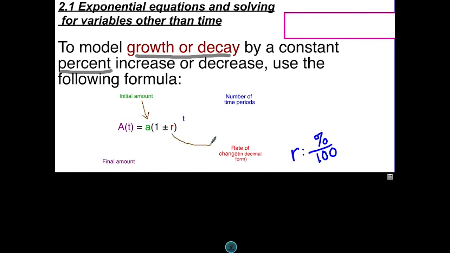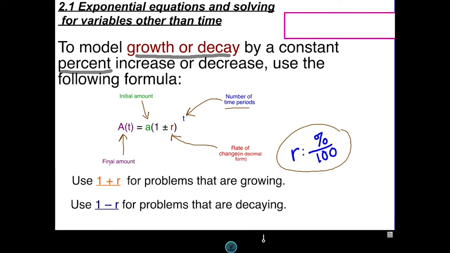R is the interest rate, and we divide it by 100 to convert it to a decimal, because percent means out of 100. The little t is the exponent, the number of time periods. A of t is the final amount after time.